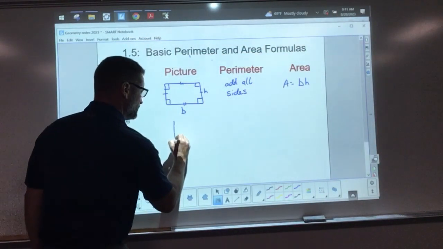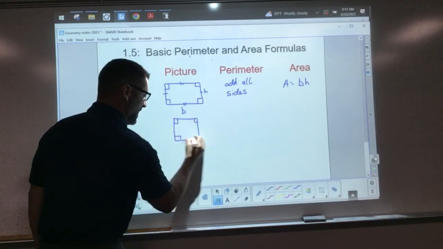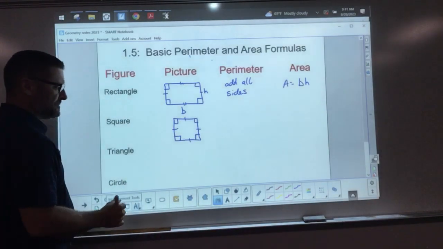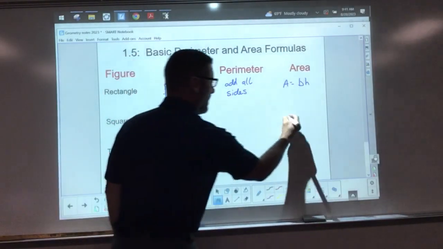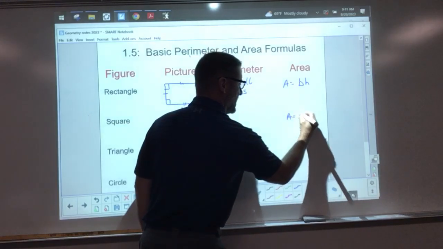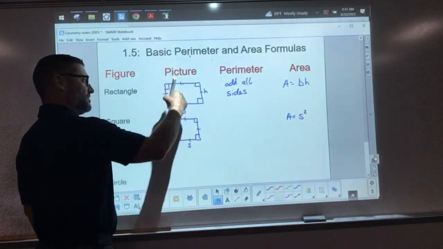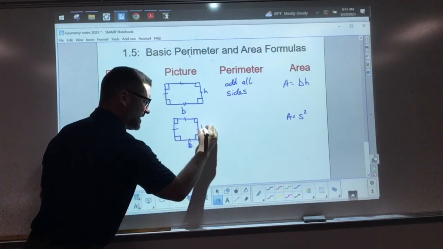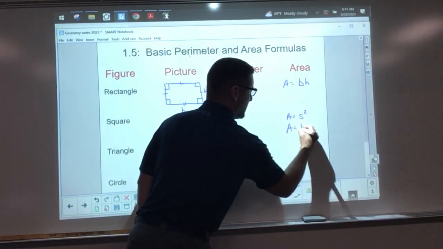Our area formula, we're going to take the base, we're going to multiply it by the height. Square. We have a perfectly shaped quadrilateral with 4 right angles, 4 congruent sides. Sometimes they list the sides as an S, and they have the area formula to be side squared. Because a square is also a rectangle, I often just use a B and an H. You can really use either formula and use area is equal to base times height.